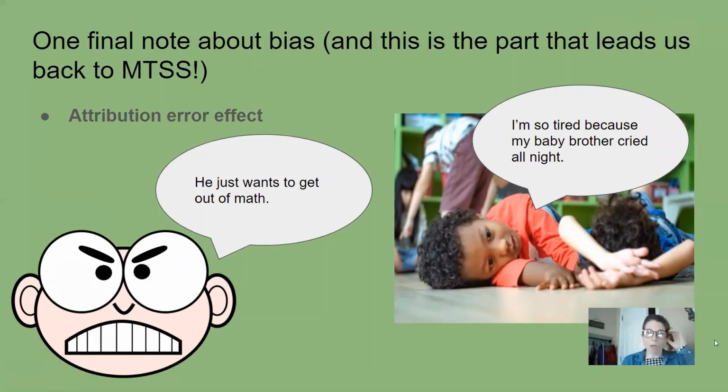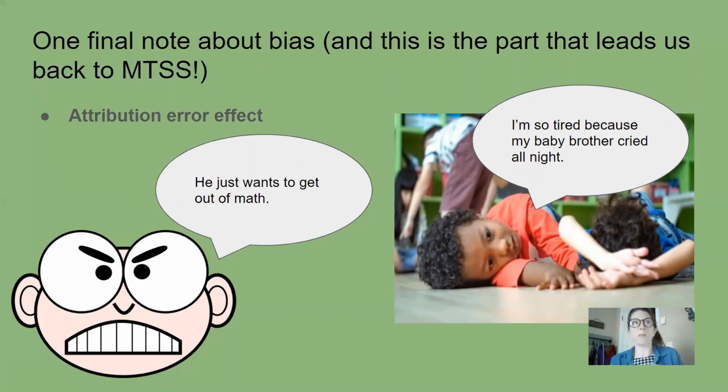Attribution error effect is one of those things where you have given an attribute to someone else and you're using an external reason for that attribute rather than the internal reason that that person might be experiencing, right?